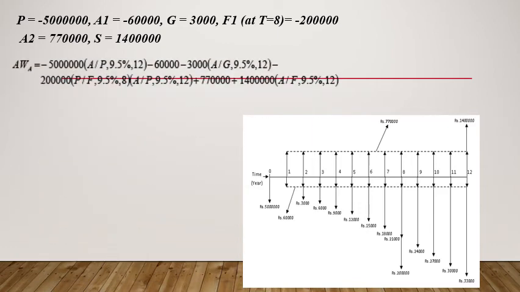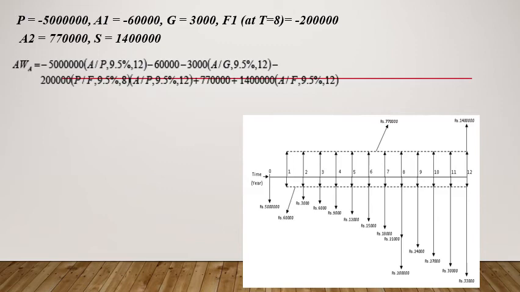How do I convert? As usual, P will be converted into A using the factor A by P comma 9.5% comma 12 years. The rate of interest is observed as 9.5%. Hence, I took it as 9.5%, 12 years. Okay. Then 60,000. What is the 60,000?